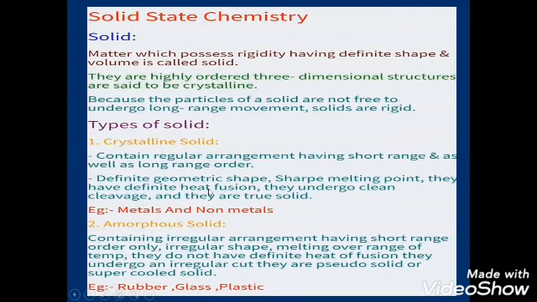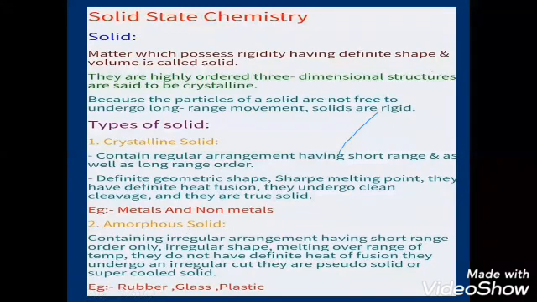Then crystalline solids have a fixed melting point, whereas amorphous solids do not have a fixed melting point, for example rubber, for example glass. So amorphous solids are also called pseudo-solids. Pseudo means false. And they are also known as supercooled liquids.